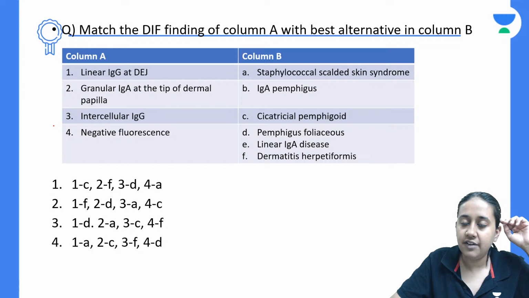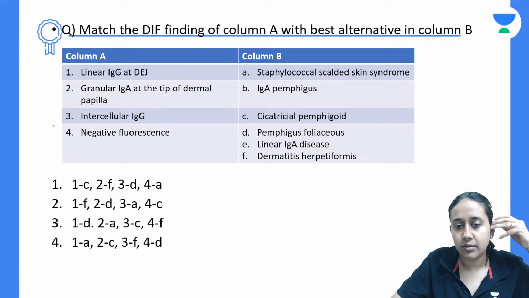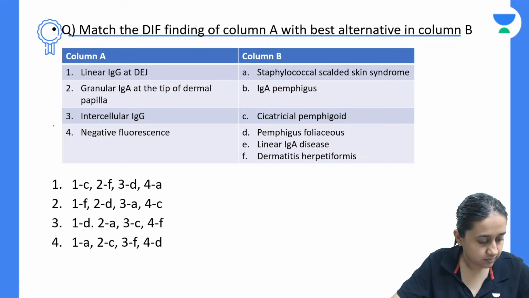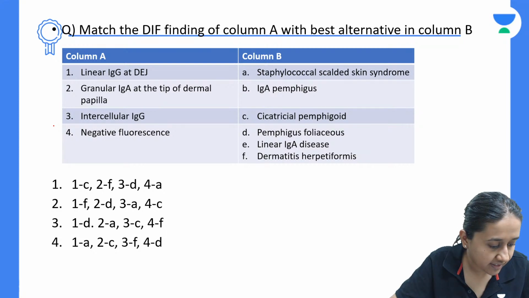Now please match the DIF finding of column A with the best alternative in column B. Anyone can tell me the answer?